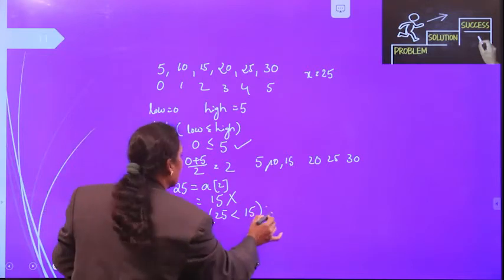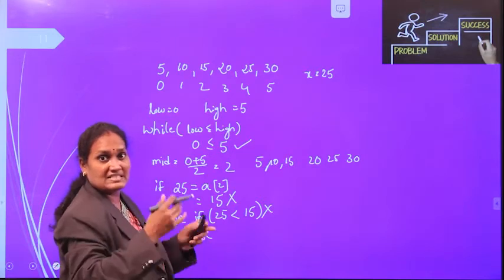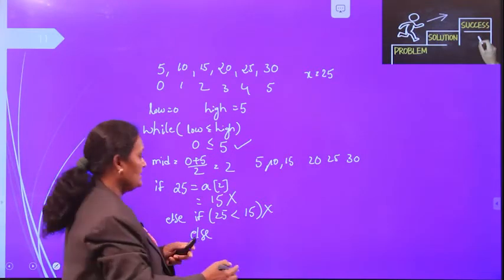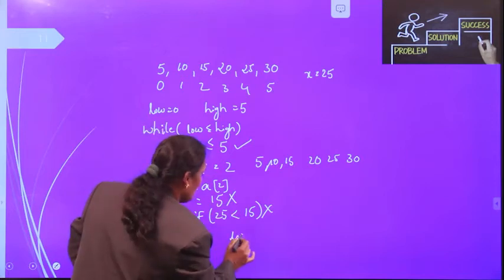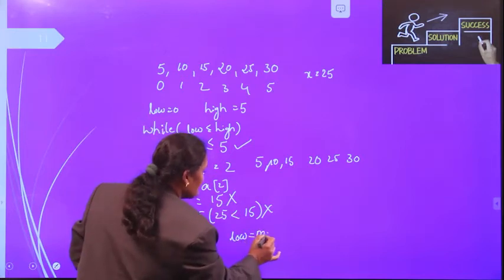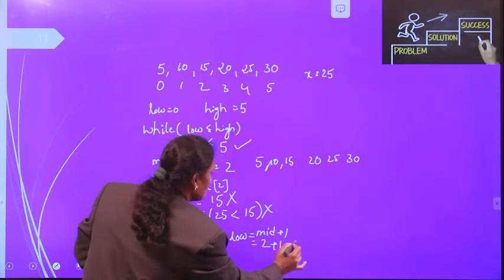It is not less than the mid value. Else, since it is greater than the mid value, we are going to search the right subarray. In this case, low becomes mid plus 1, that is 2 plus 1, which is 3.